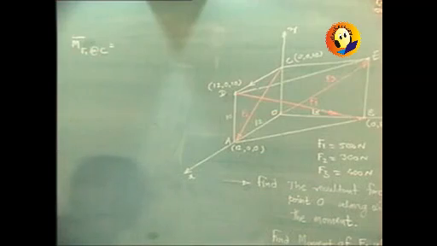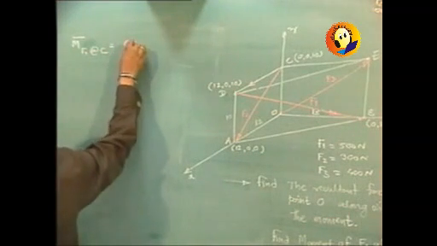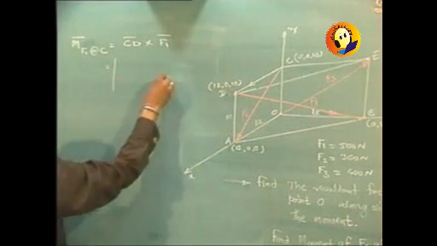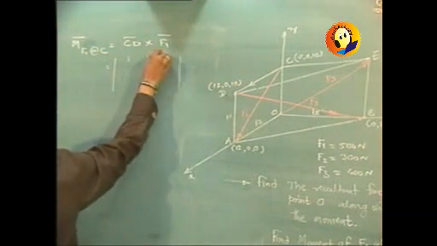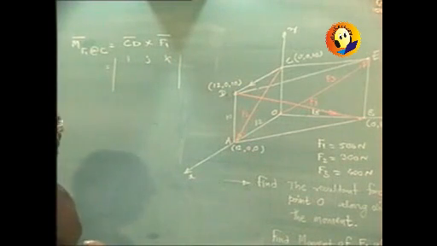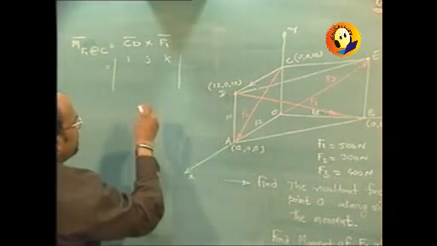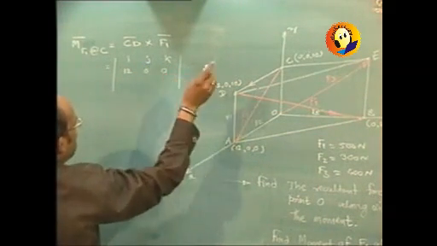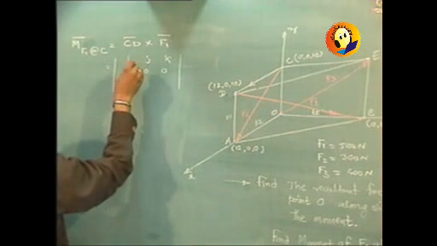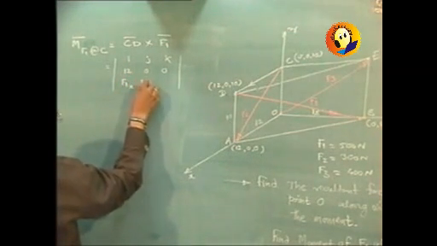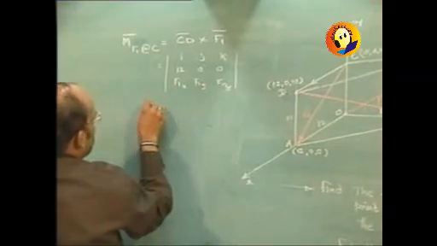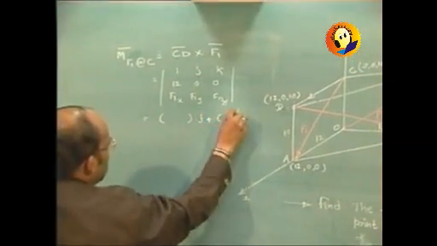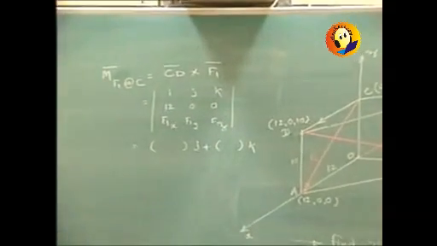In this case I am joining it to D. So it will be CD bar cross F1 bar, and so it becomes a determinant I, J, K. CD bar means D minus C, so it will be 12i plus 0j plus 0k, 10 minus 10, and for F1 we know the coefficients F1x, F1y and F1z. In this case there will not be any I component, there will be some j and some k. I will turn out to be 0.